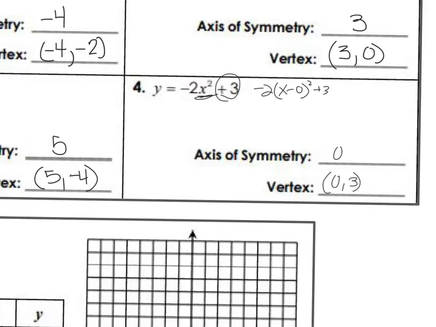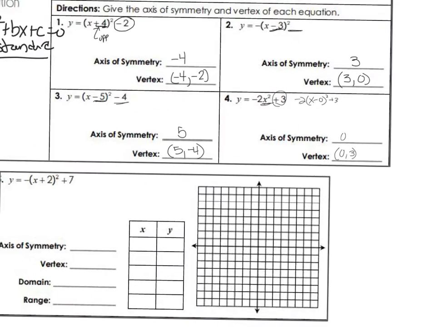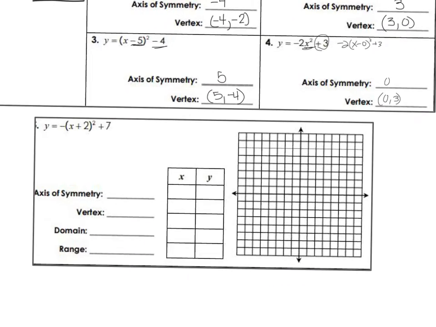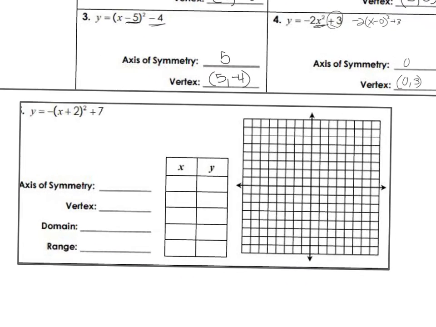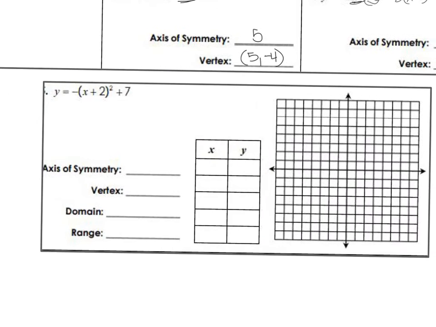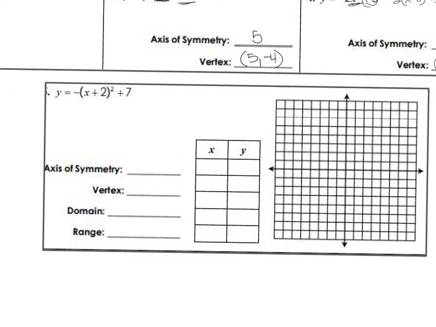Alright, so I love vertex form and the fact that I don't have to figure anything out for my vertex. It's right there in front of me. For this one here, we're going to graph it. Axis of symmetry, I don't have to do any formula, opposite of b over 2a. It's already telling me it's the opposite of 2, so it's negative 2.